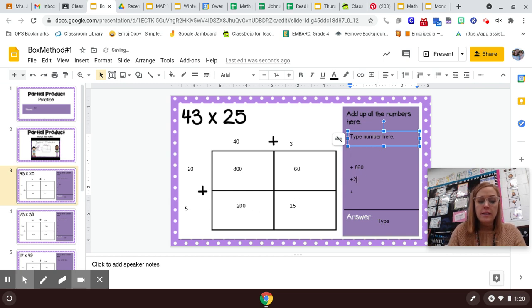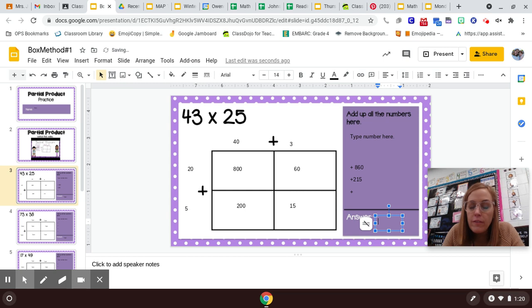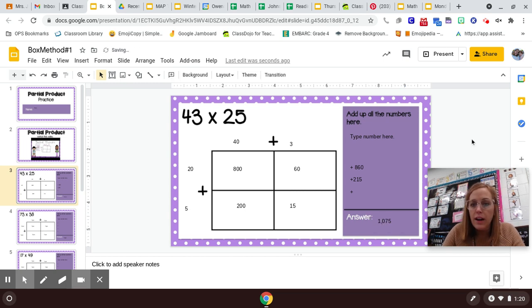So let's just make it easy and say plus 215. And then I'd come down here and type my answer. Well, I know 5 plus 0 is 5, 1 plus 6 is 7, and 8 plus 2 is 10. So my answer is 1,075. Then you're just going to move on to your next slide, okay?